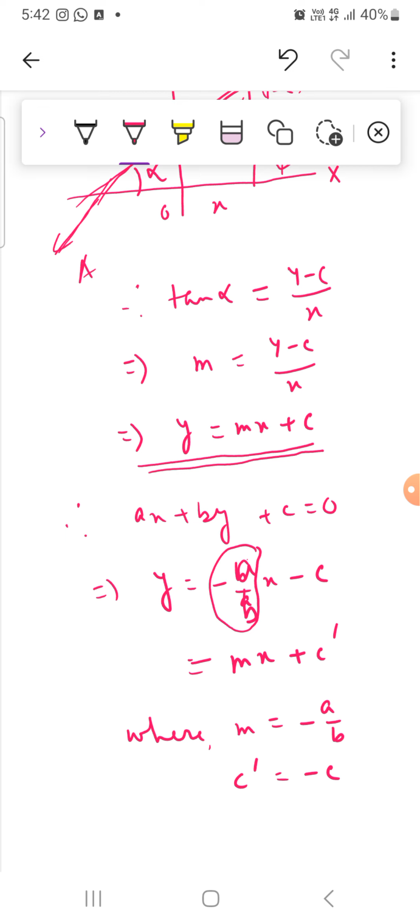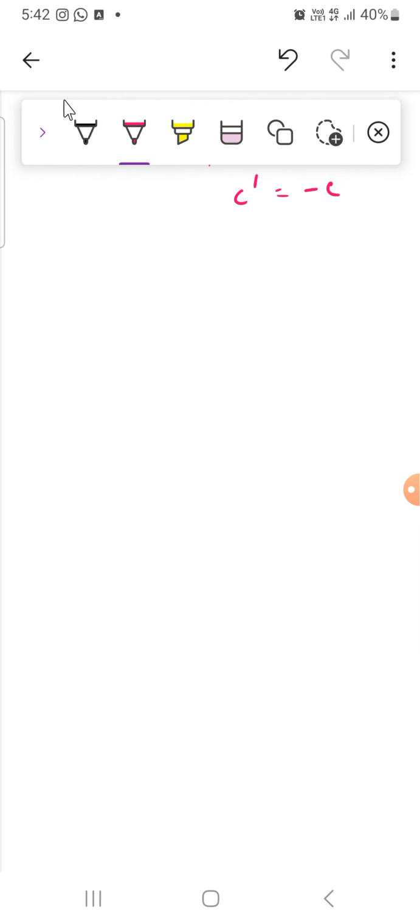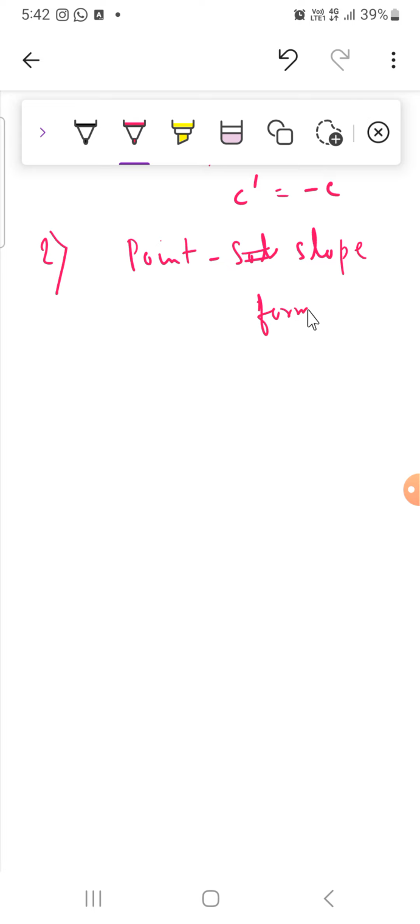Now another form is the point slope form. Here one point is given and we have to generate the equation, the point slope form.